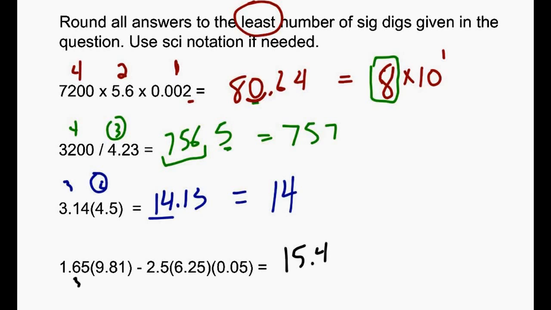We got 3 there, 2, 3, and just 1. So this is kind of like our first one. Our least number is 1. So we're going to round it to just 1. So we'd have just the 1 for the 15, but because it's 15, it gets rounded up to 2. So you'd round it to 2, and then we have to move the decimal over 1 spot. So that means we have to change it back to scientific notation once again.